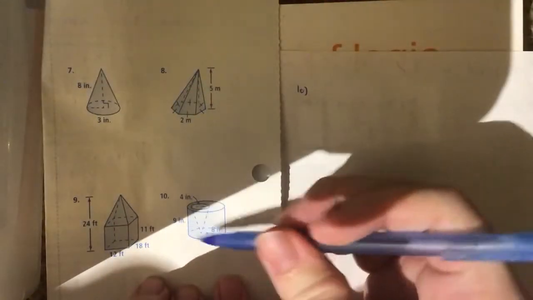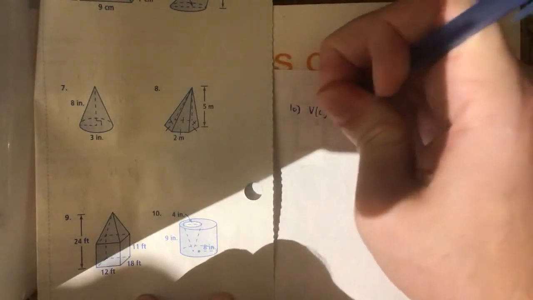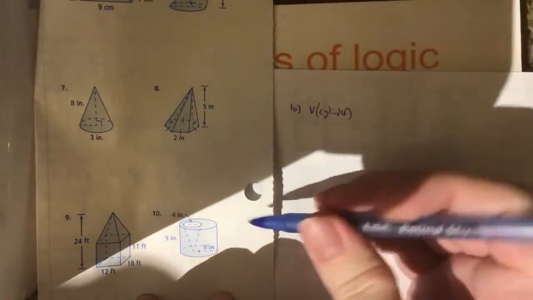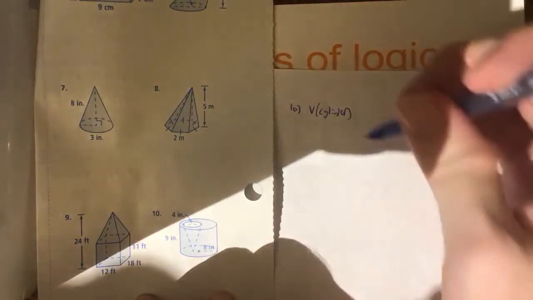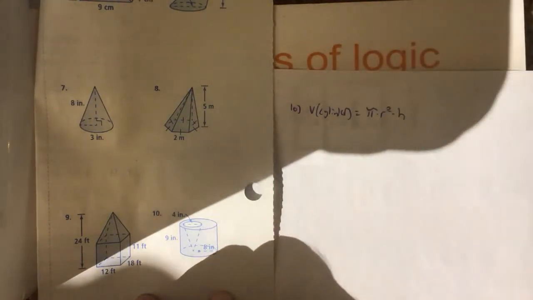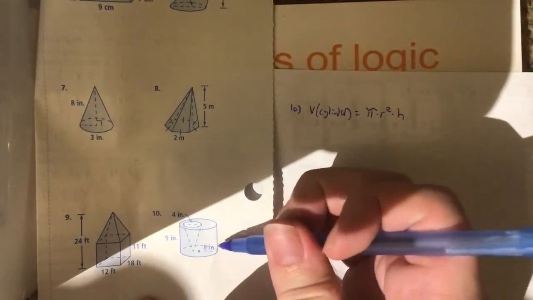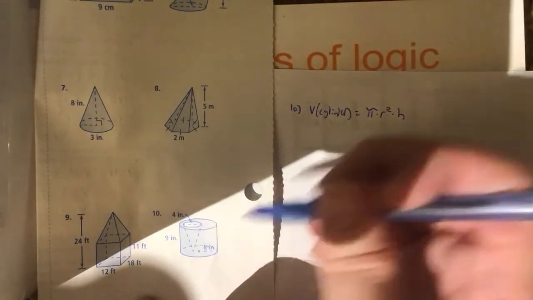And the last one we'll do is number 10. I'll just put this here and do it right on the side next to it. So 10, we have a cylinder and we're taking away a cone. So the first thing I'm going to do is figure out the volume of the entire figure and then subtract away the cone piece. So volume of a cylinder is pi r squared h. In this case, the radius of the cylinder is 8, the height is 9.